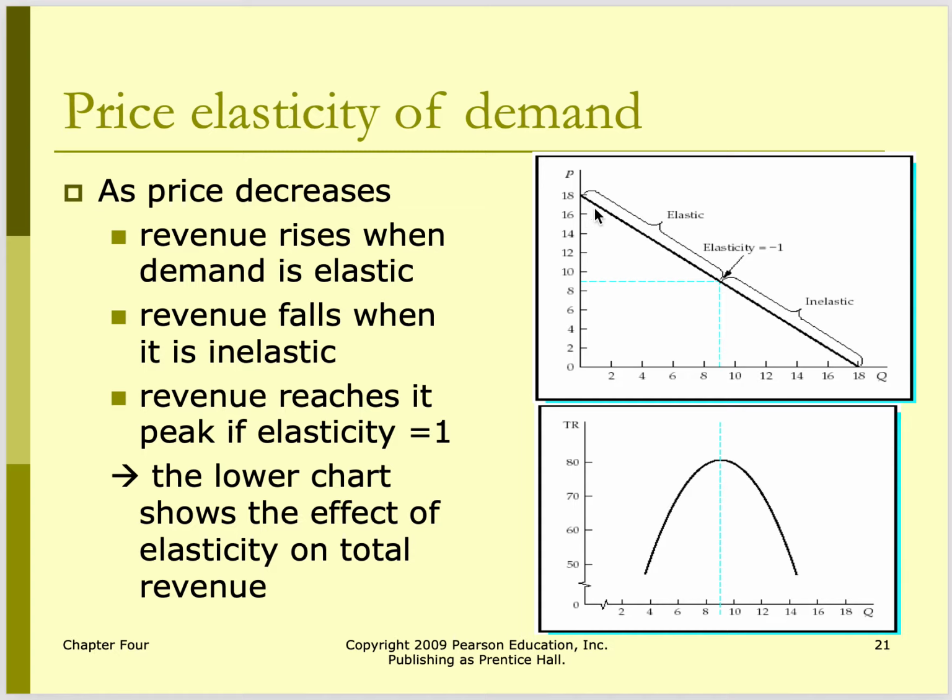And as you see, as price decreases, the revenue increases till it peaks out at unit elasticity. Then, as price continues to decrease, your revenue starts to decrease as well.